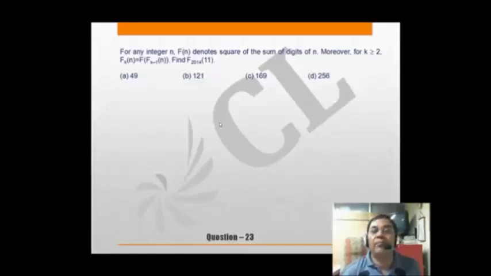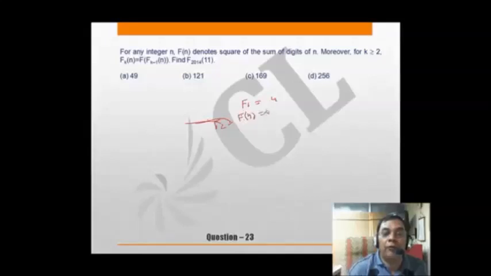So look, f(1) is equal to 1 squared, that will be 4. Now f(2) will be f(4), that will be 16.